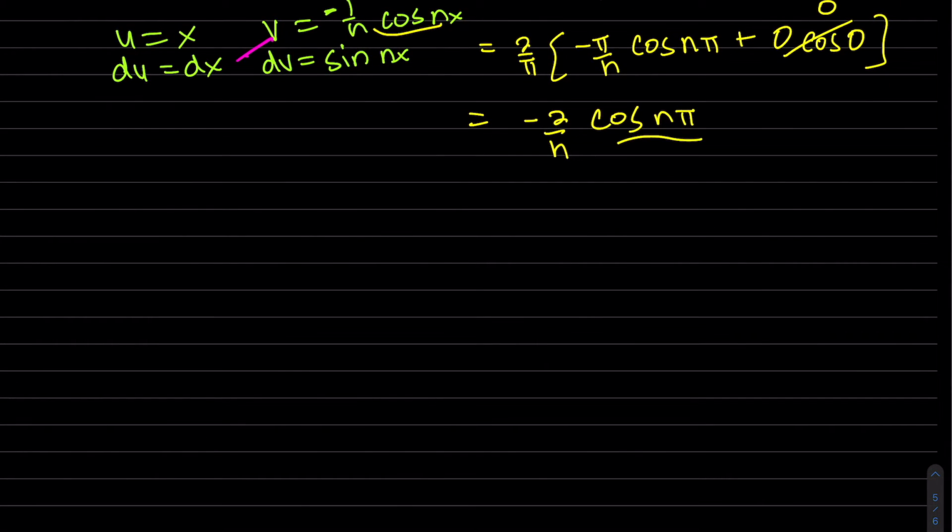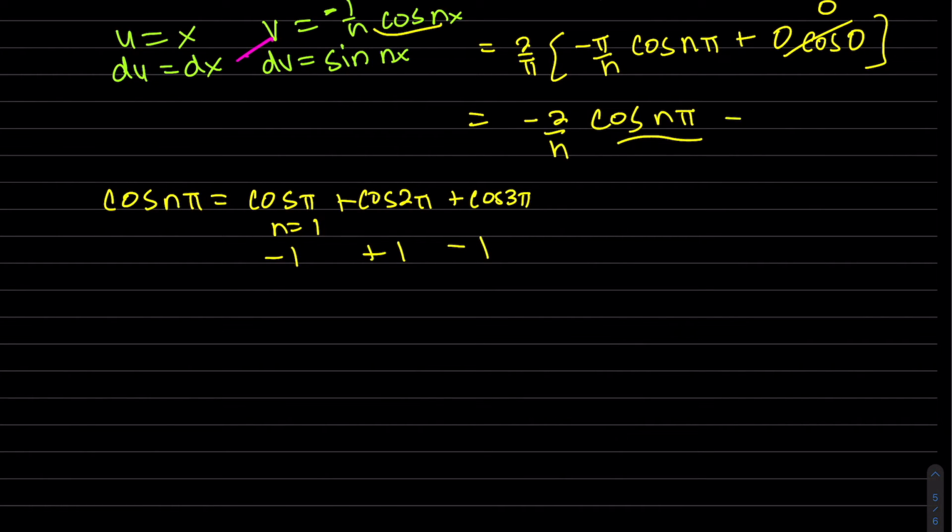And if you remember, cosine of n pi, this is -1 to the n power.